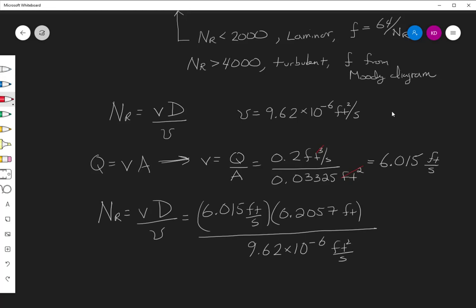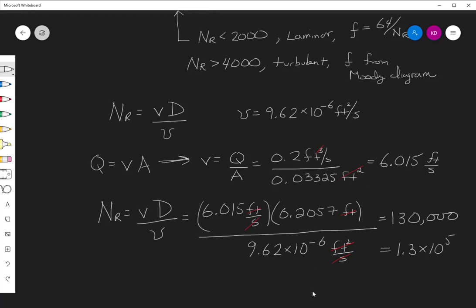And what you notice is that we have feet squared in the numerator, and that cancels with the feet squared in the denominator. And we have 1 over second in the numerator, which cancels with the 1 over second in the denominator. This leaves us with a dimensionless number, which is good because the Reynolds number is dimensionless. And when you work this out, I get about 130,000. So this is 1.3 times 10 to the 5.